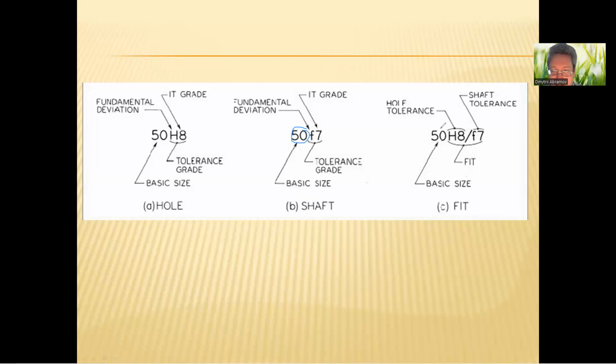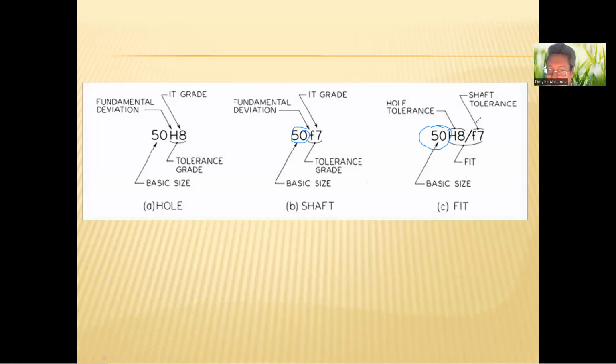And the fit, shaft with the hole. Basic size or nominal diameter of the shaft and of the hole, it's 50 millimeters. Above the line, H8, big H, it's for holes, and it's fundamental deviation of the hole, 8 IT grade.